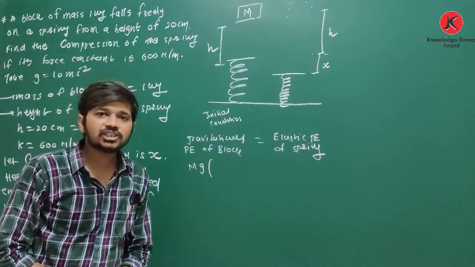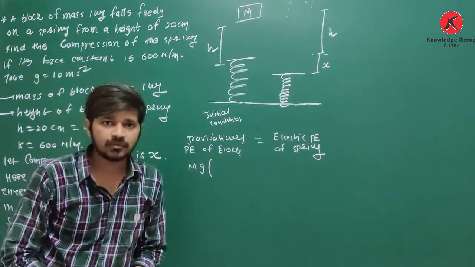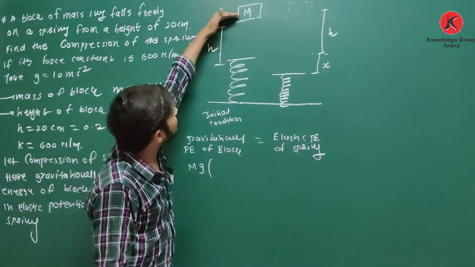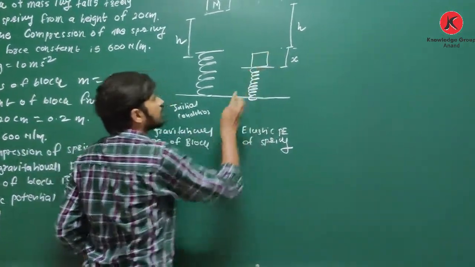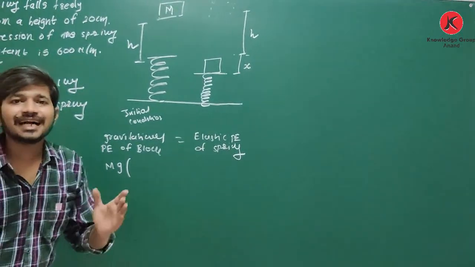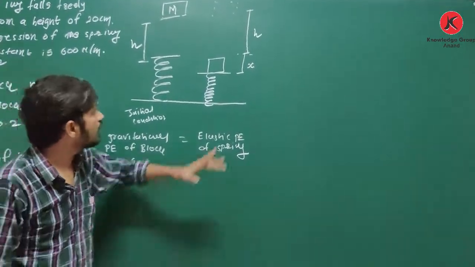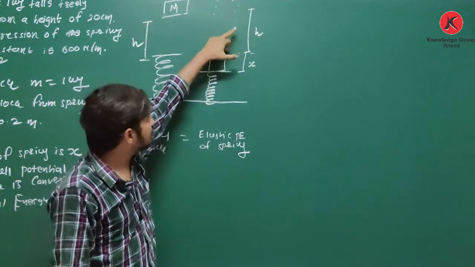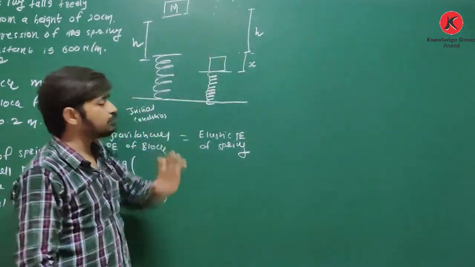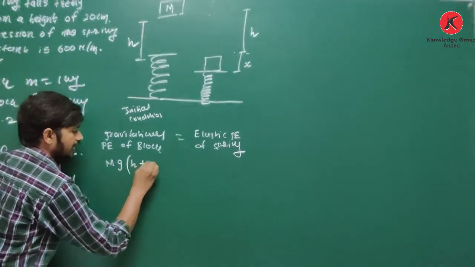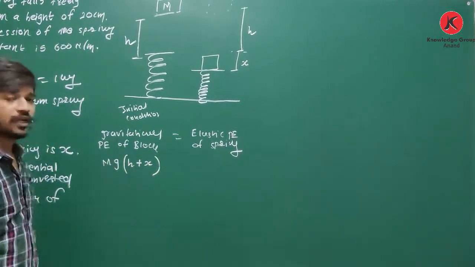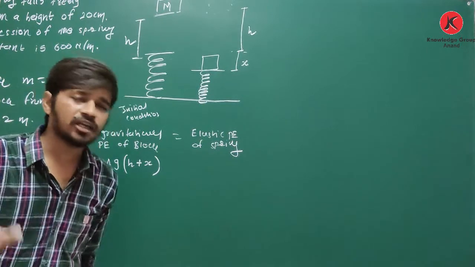Initially it is at this height, finally the block is here. So here you have to consider h plus x. This point you have to remember.